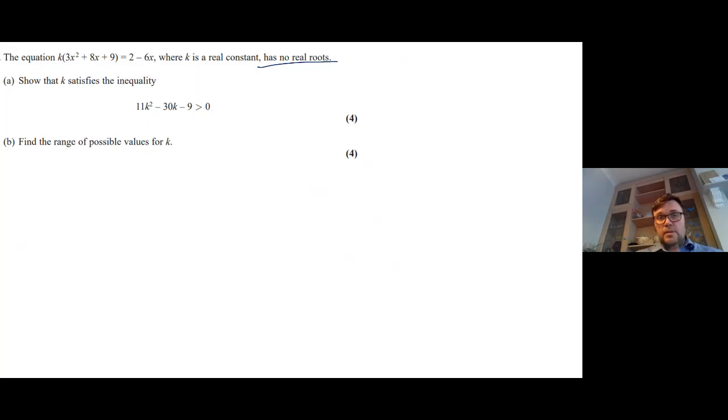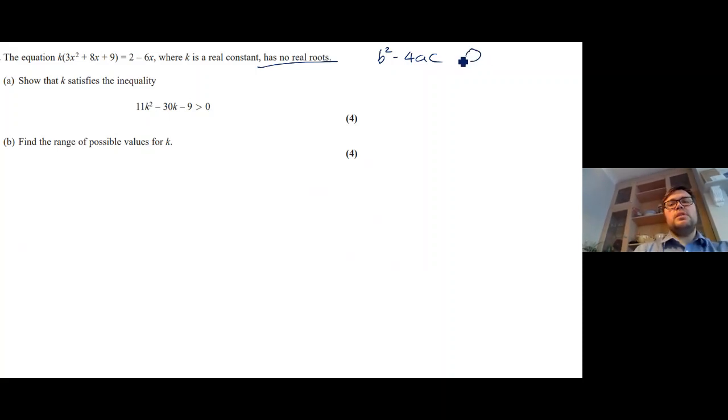To show that, we're going to have to use the discriminant, b squared minus 4ac. If it's got no real roots, it's less than 0. If it's got one root, which is a tangent, it is equal to 0. And if it's got two real roots, it is greater than 0. Well, this one has no real roots, so it is less than 0.